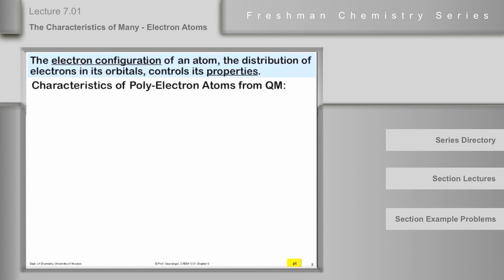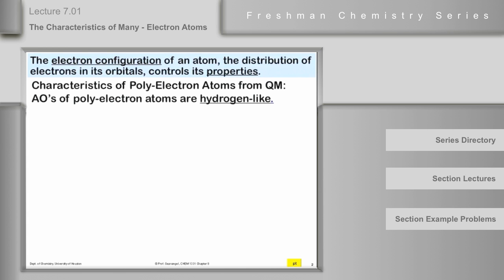So what are the characteristics of polyelectron atoms from quantum mechanics? They're really pretty simple. The first thing is that the wave functions for the orbitals are the same as hydrogen. No difference.